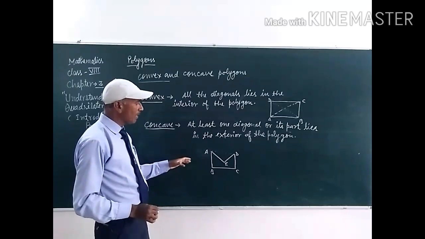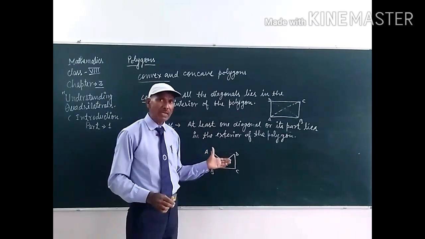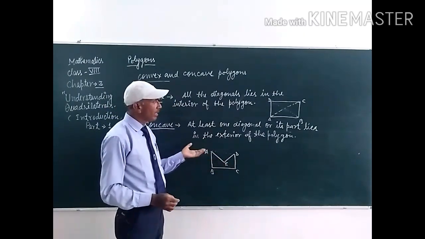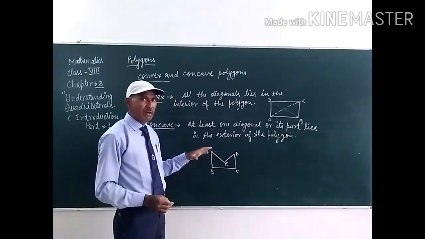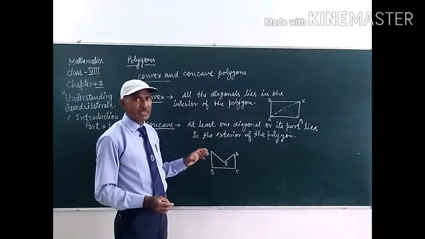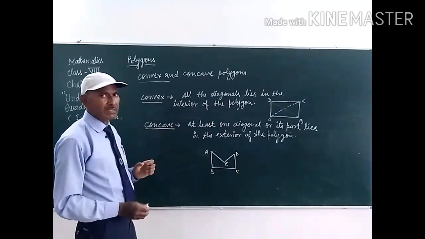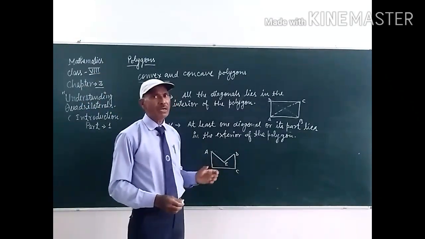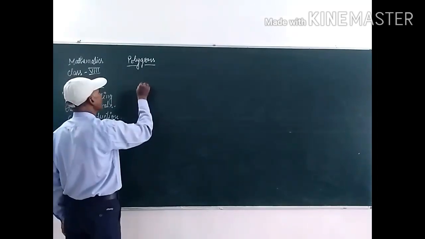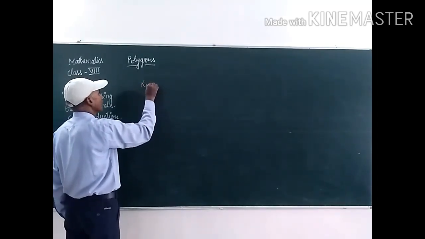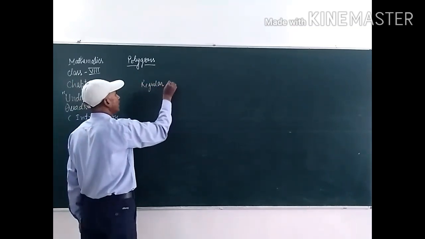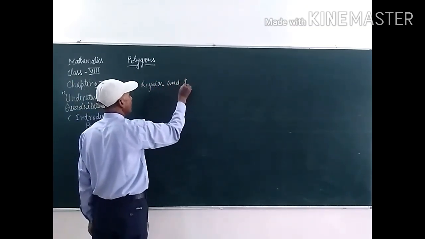So in concave polygon, at least one diagonal will lie exterior of the polygon, and in convex polygon, all the diagonals will lie interior of the polygon. Now we will discuss our next point, that is regular and irregular polygon.